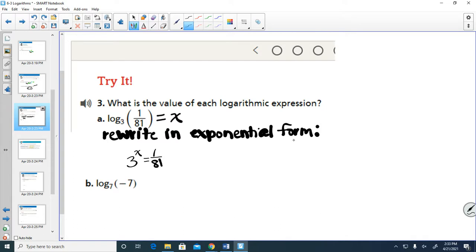So once I've rewritten in exponential form, the next thing I want to do is try to write it so that both sides of the equation have the same base.